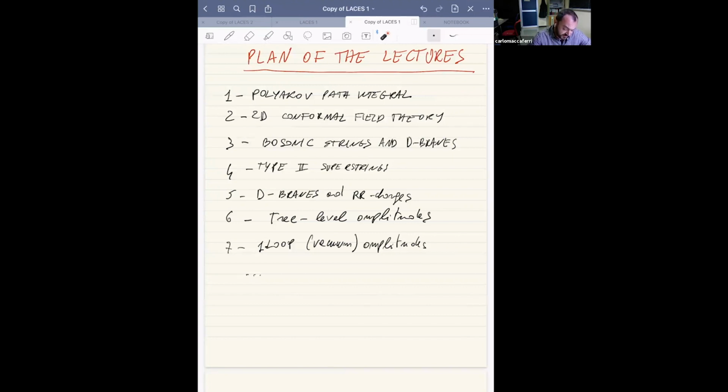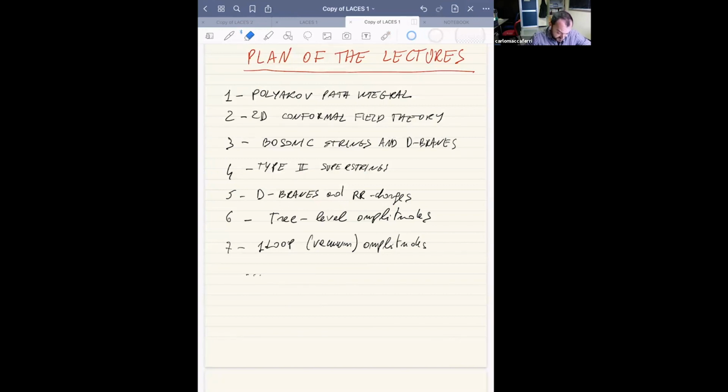Next, I will upgrade to the superstring. In this course there is no time to do all the five superstrings, so I decided to concentrate on the type II superstrings, so that we can discuss worldsheet supersymmetry and target space supersymmetry, and how this emerges from worldsheet supersymmetry. Then we will be able to discuss relevant aspects of the branes and their Ramond-Ramond charges, and we will see why they are so important.